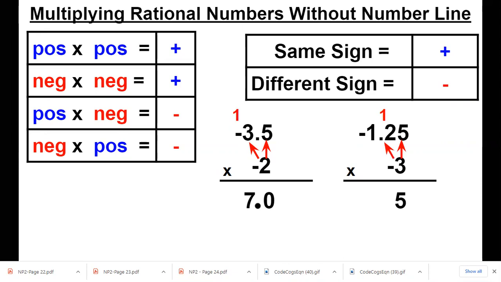Then I'm going to multiply negative 3 times 2. It's going to give me 6 plus 1 is 7. Then I have to multiply the 3 times the 1, which is going to give me 3. How many numbers after the decimal do I need? Well, I have 2 numbers here and none here, so 2. So my decimal gets put there, 3.75. And it's positive because we have same signs. They're both negative and they're multiplied together to give a positive answer.